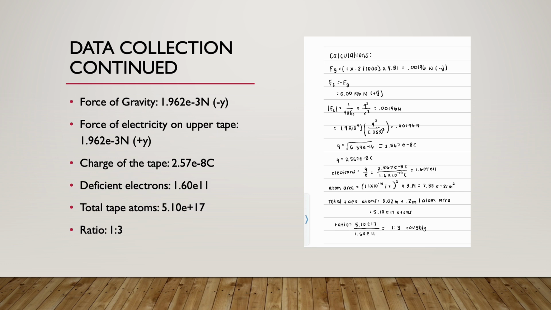So the charge of the tape was calculated using the force of electricity from Coulomb's law, and as we assumed in the assumptions, that the charges were the same, we were able to calculate Q. With Q we were able to find the number of electrons by dividing it by the charge of an electron. And then we were able to get the total tape atoms by calculating the area of the tape and dividing it by the area of an atom.